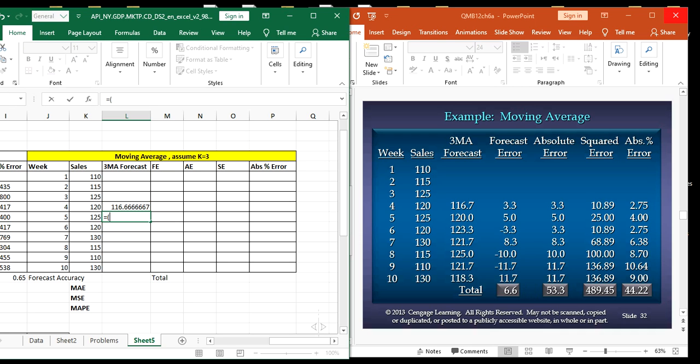The forecasting of the 4th week's or the 5th week's sale is the 4th week's sale plus the 3rd week's sale plus week 2 sales, divided by 3.